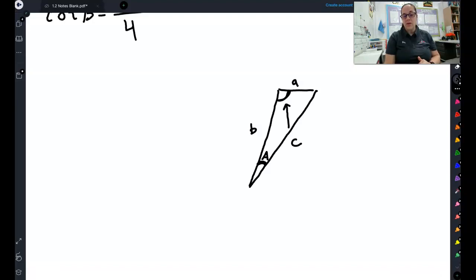So because C is across from the biggest angle, that makes it the biggest side. So that means B would be in the middle of them. But that's how we talk about angles and sides: the smaller the side, the smaller the angle, the bigger the side, the bigger the angle.